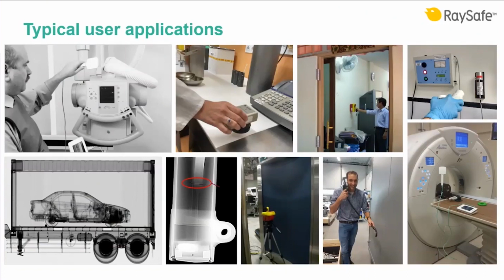It can also be used in the industry segment to control objects or circuit boards in an assembly line, for non-destructive testing, to scan containers at border controls or in the food processing industry. And of course, nuclear power plants and also first responder units are other groups that are in need of survey meters.